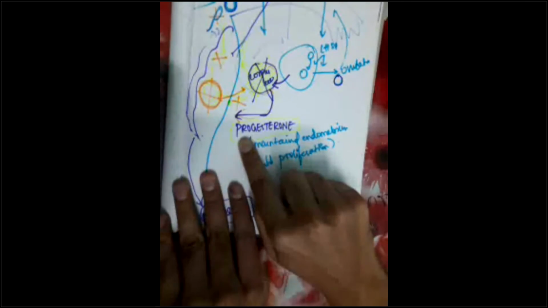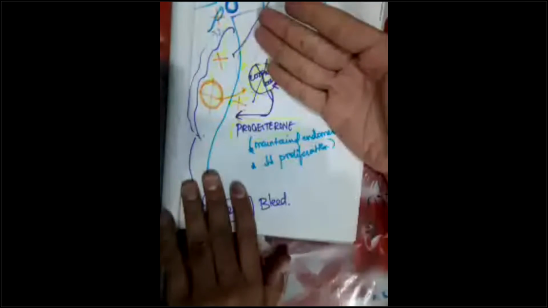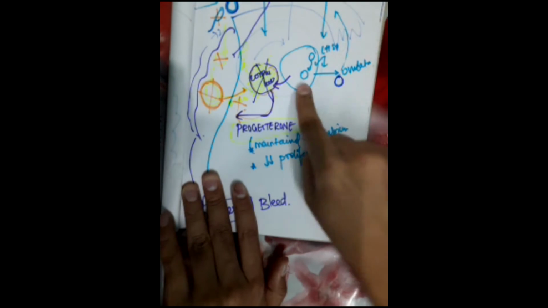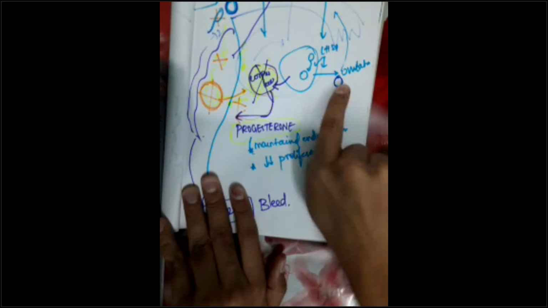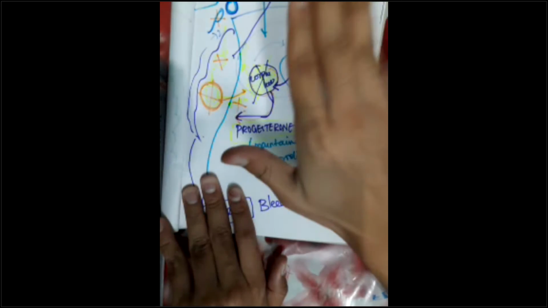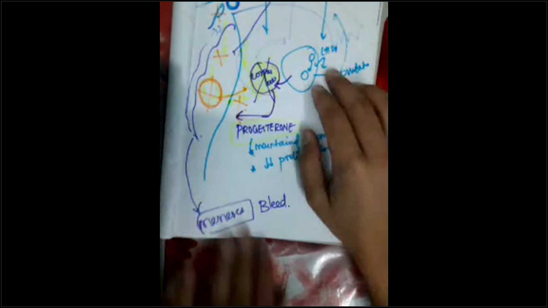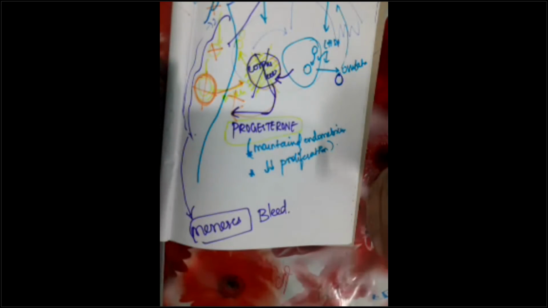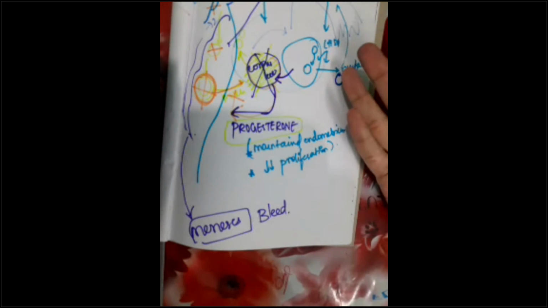So if there is no progesterone withdrawal, that might signify that there was no progesterone at all. That means no ovulation has taken place. My anovulatory cycle will sometimes present with painless cycles. So some amount of pain should be there.